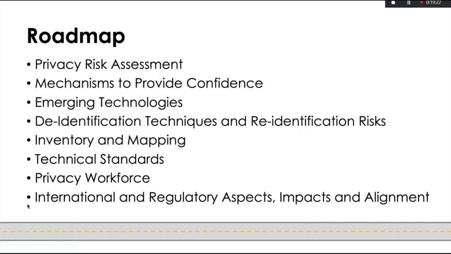These priority areas were put into the roadmap based on feedback we received through the framework development process. And the roadmap is a way to keep us accountable to ensure that we're making sufficient progress on supporting the development of privacy risk management and meeting our stakeholder needs. Our collaboration with stakeholders to address these challenges is ongoing, and we always welcome feedback, including if there are areas that you think we should add to the list.